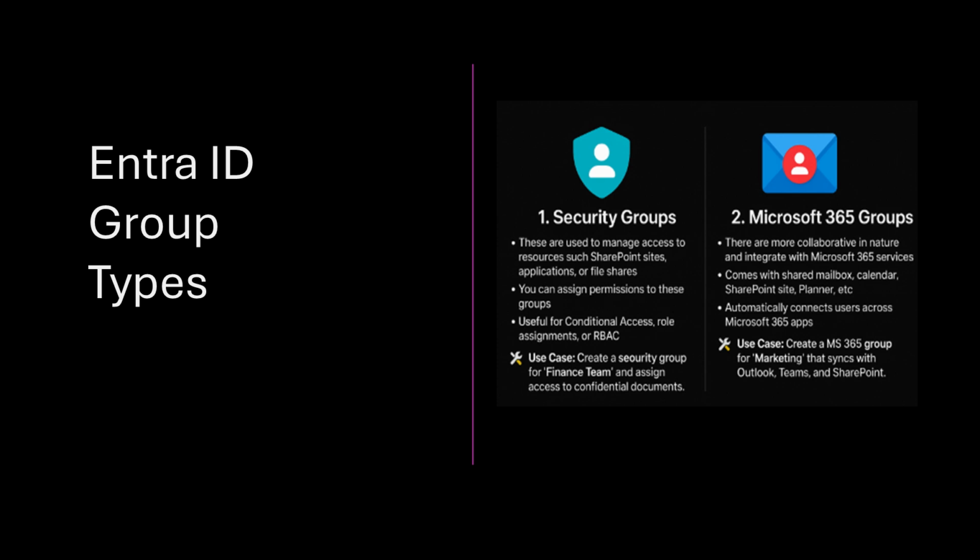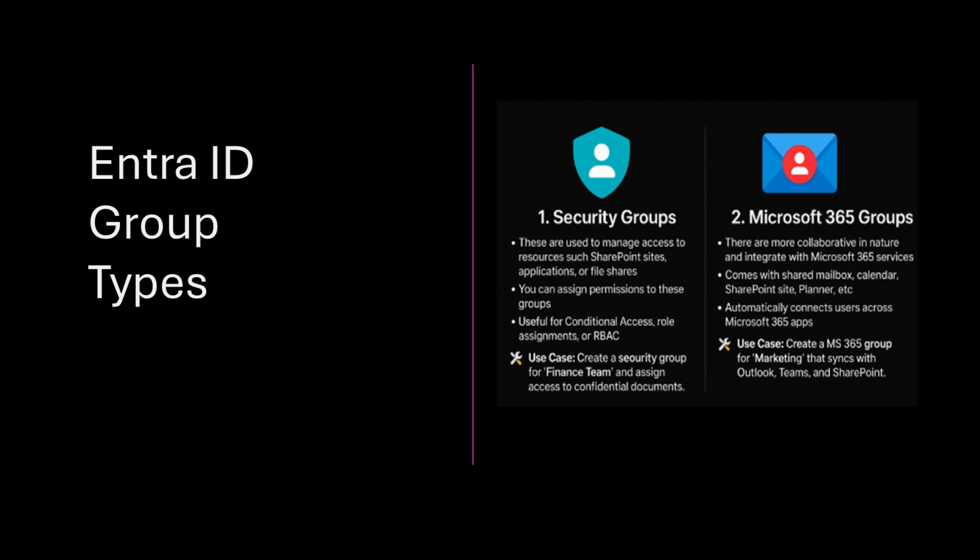You can assign permissions directly to the group, making it easy to implement role-based access control or enforce conditional access policies. Security groups can include both users and devices, giving you broad flexibility in how access is granted.